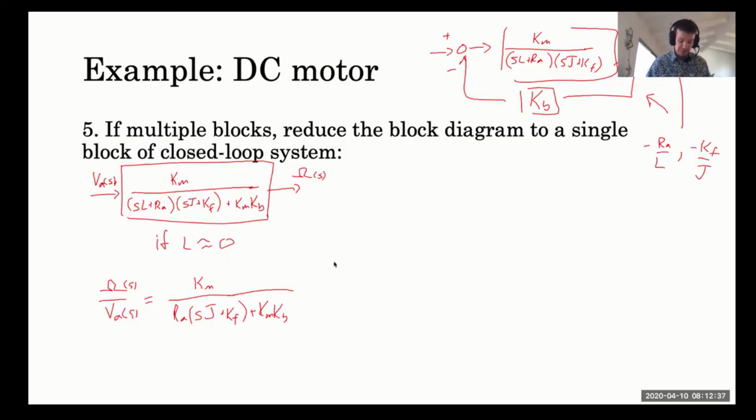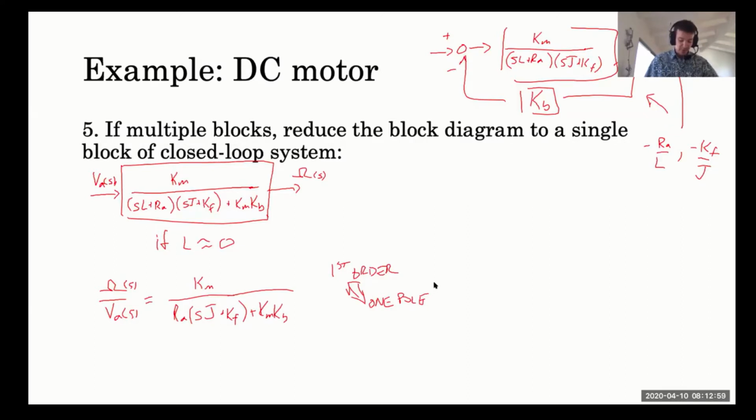So things to note about this system are that now it's first order, and that means only one pole. And I guess the last thing to do would be to determine where that pole is.